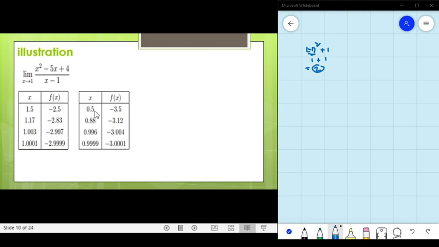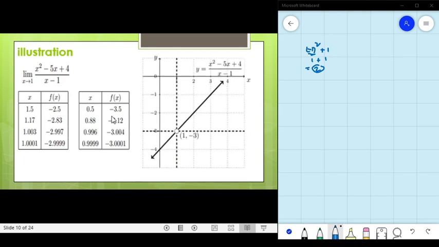And from the right of 1, we have these values, and this is what we see in the values of f of x. And if we make the table or graph, this is what happens. So what happened?